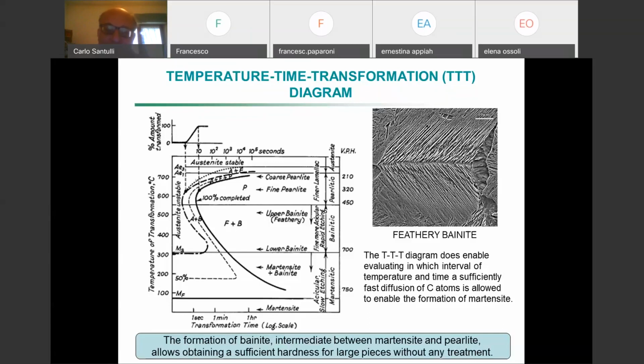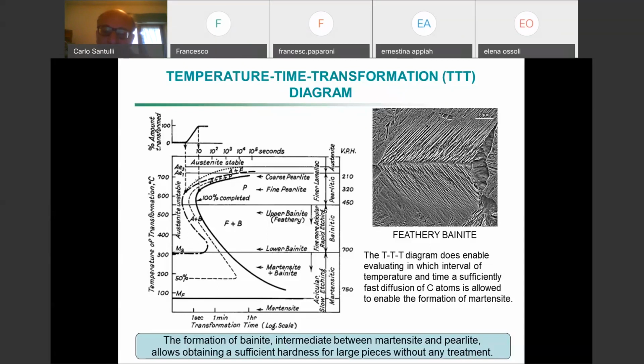In some cases, it might be quite brittle. You don't really make large pieces with perlite. More details can be given about that. In some cases, bainite is quite interesting. For example, in the upper bainite, you find this kind of feathery appearance, which is also of interest.